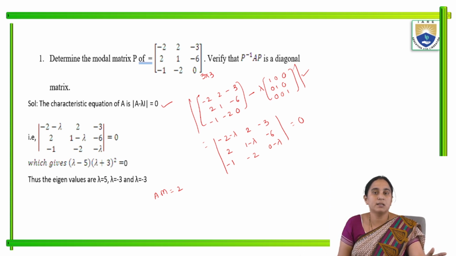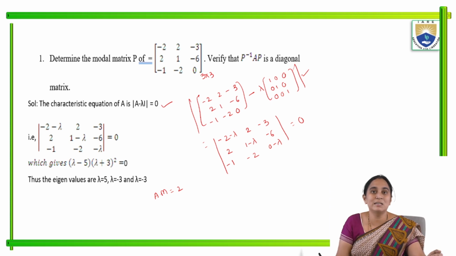Otherwise, if algebraic multiplicity is not equal to geometric multiplicity, it is not diagonalizable. Actually I wanted to discuss distinct eigenvalues, but unexpectedly this question gives similar eigenvalues, so I am discussing diagonalization with similar eigenvalues.